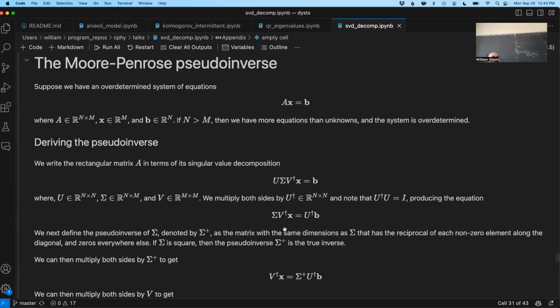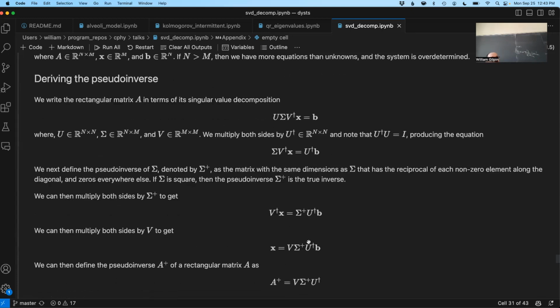It's the exact same way we defined the inverse of a diagonal matrix, but now we're doing it on a non-square matrix. We'll call that inverted matrix the pseudo-inverse of sigma, and plug it into our substitution. So first I move U over, then I move this over using the pseudo-inverse, and finally I move V over.